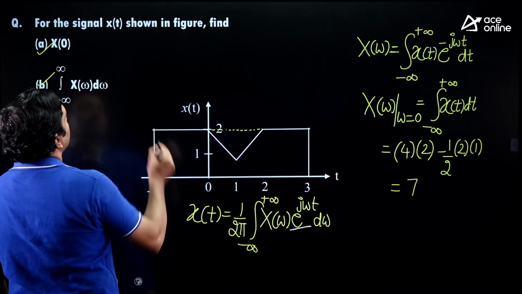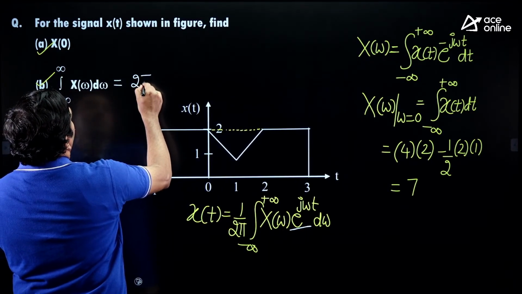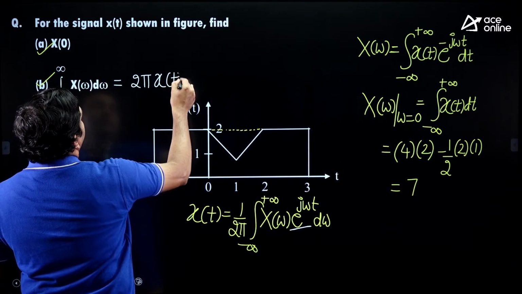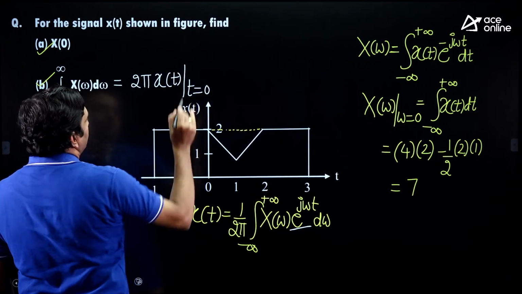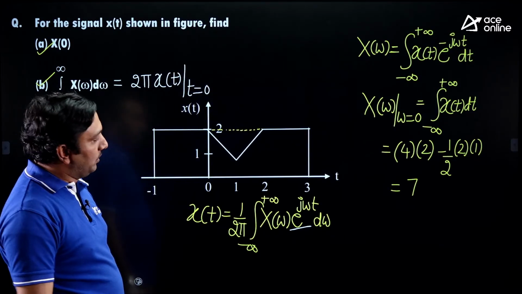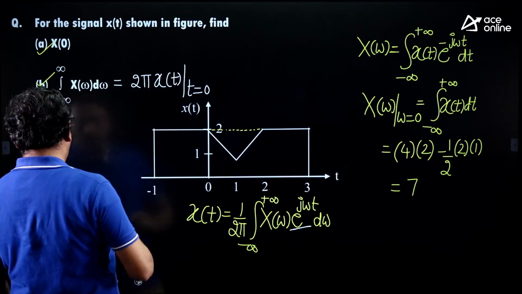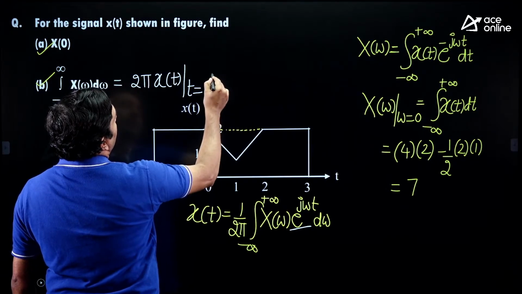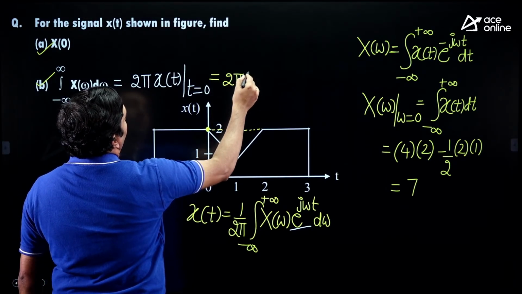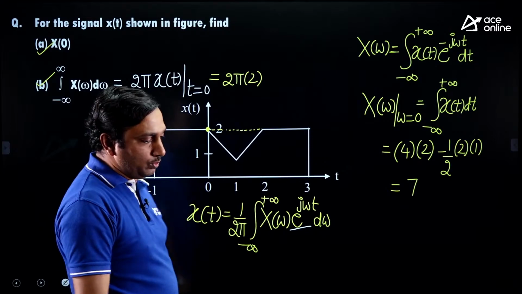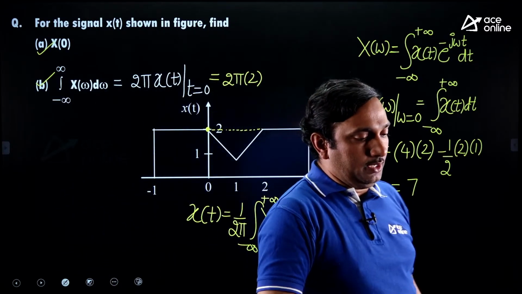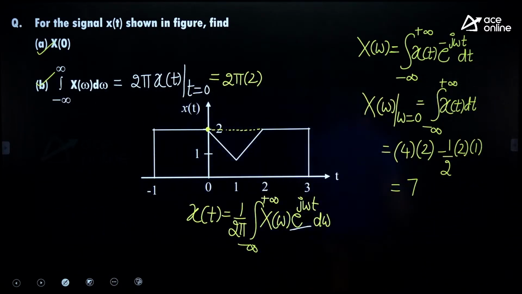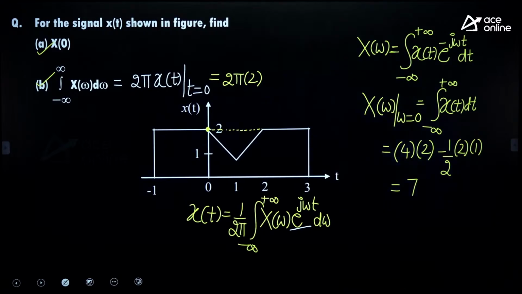How to make this exponential 1? Check the signal at origin. 2 pi into the value at origin. What is this function value at origin? Very clearly, 2 pi into 2. Area under the spectrum corresponds to checking the signal at origin.